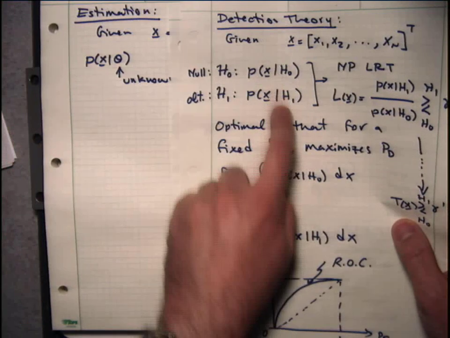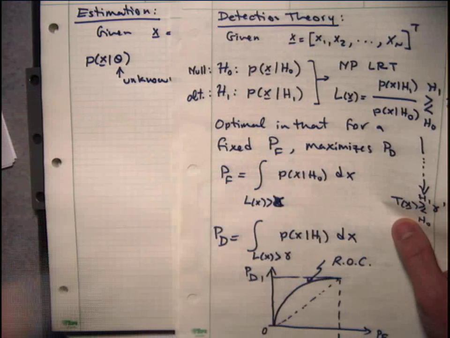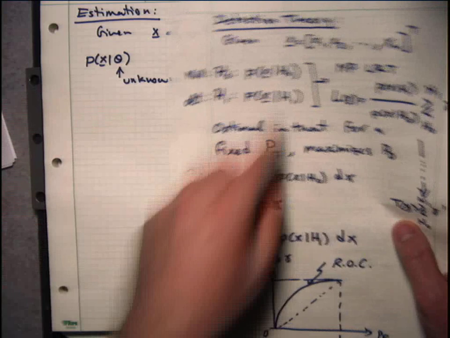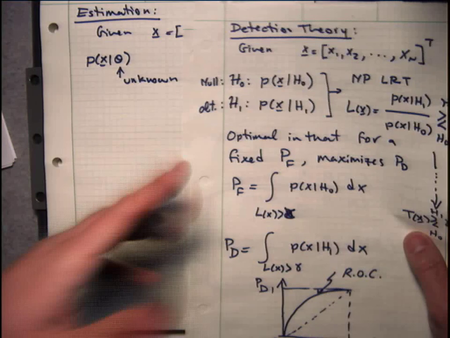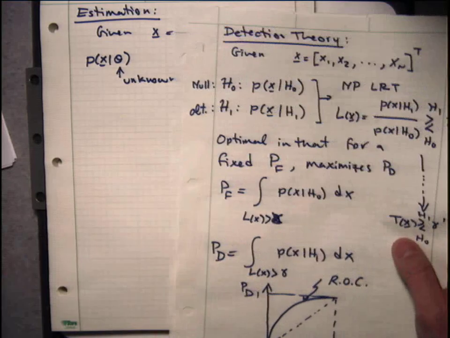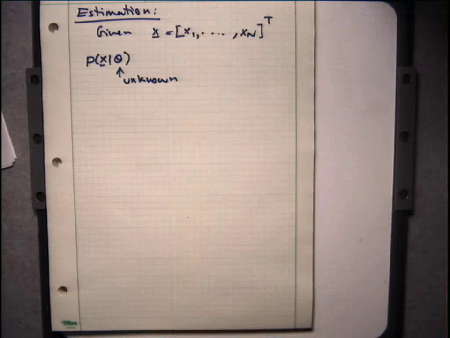So the detection was just a simple case where you had two values, 0 or 1, H0 or H1, and you're trying to decide between. And the estimation scenario is in some sense more general, okay? So some of the intuitions that you have for the detection case do carry over to these problems as well.